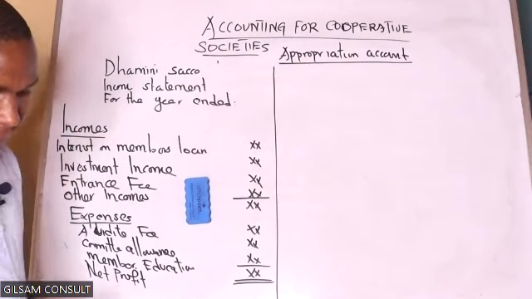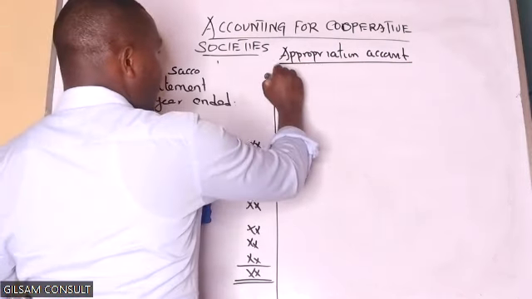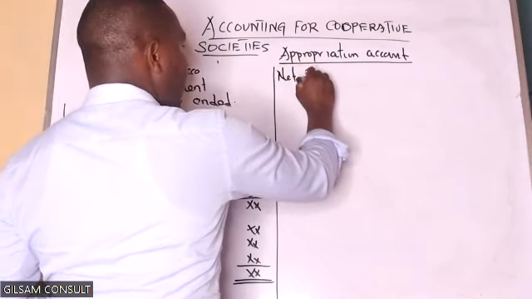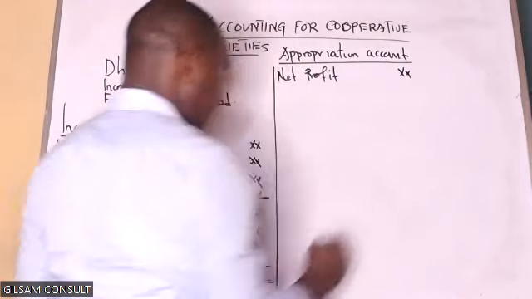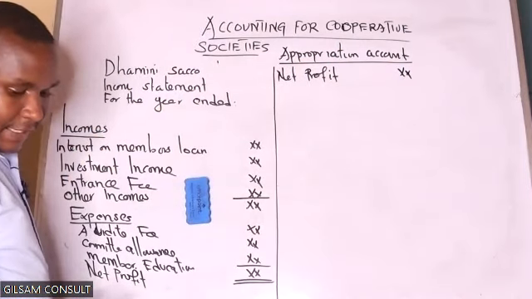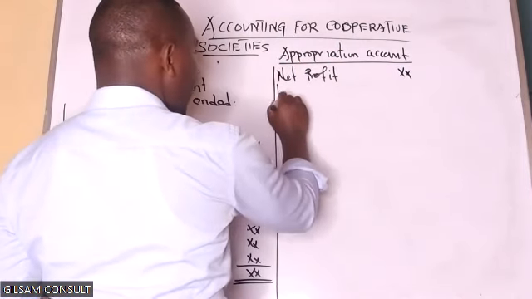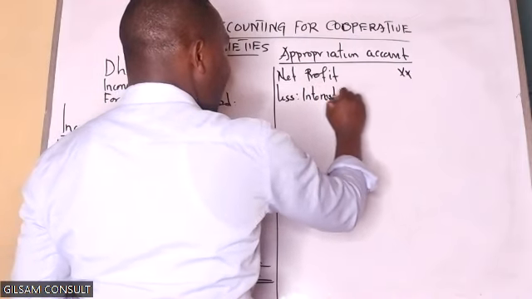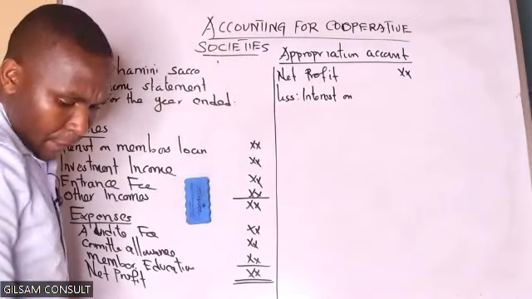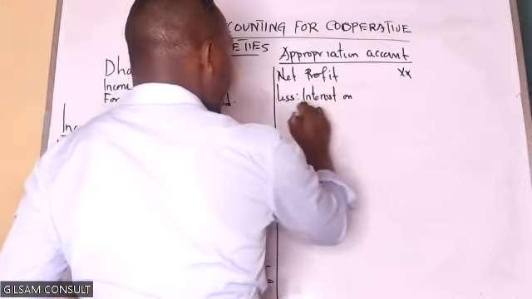So we will have the net profit for the year, which we have generated here. Then we less the interest on members' deposit.